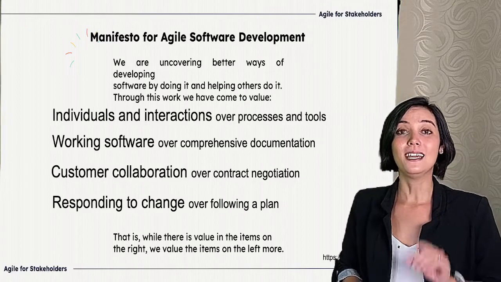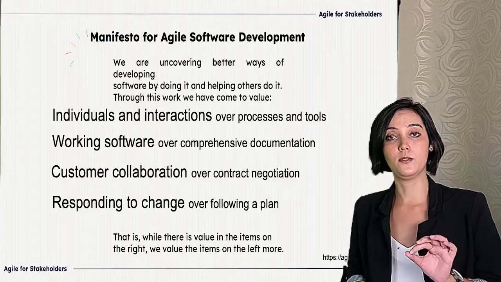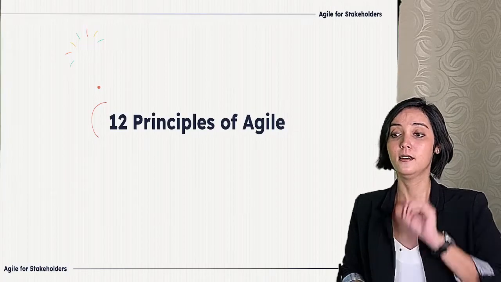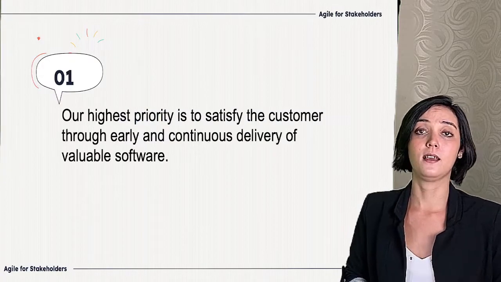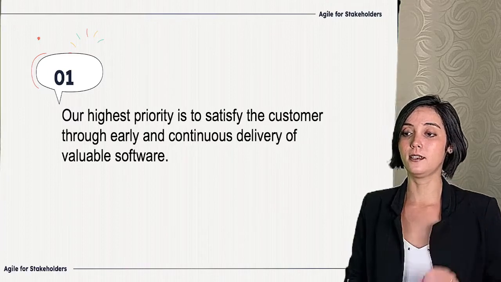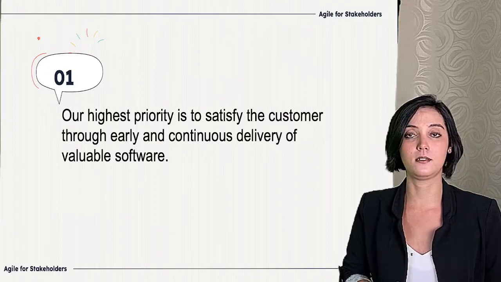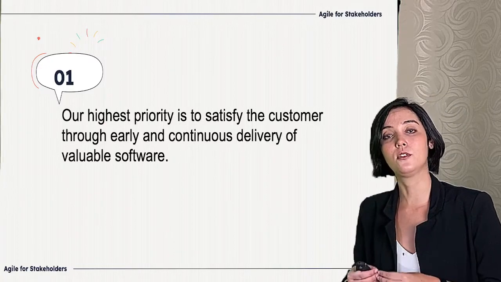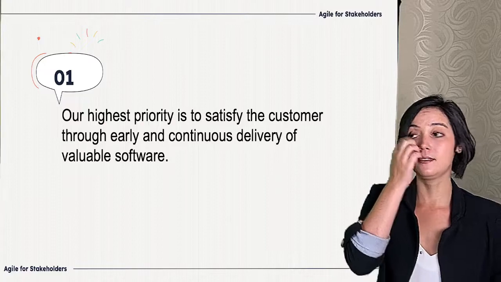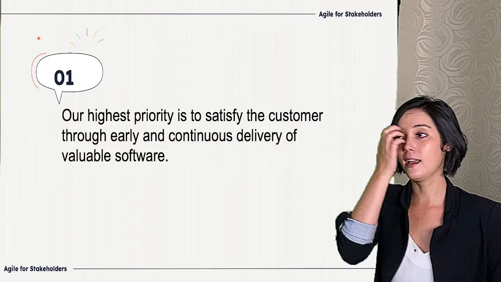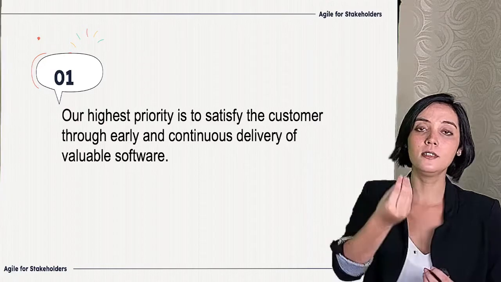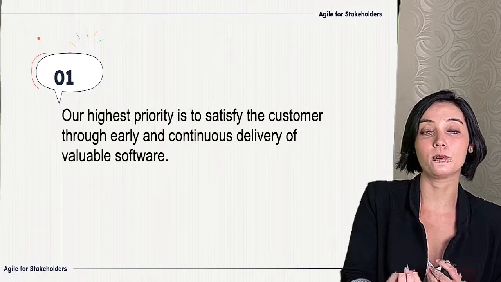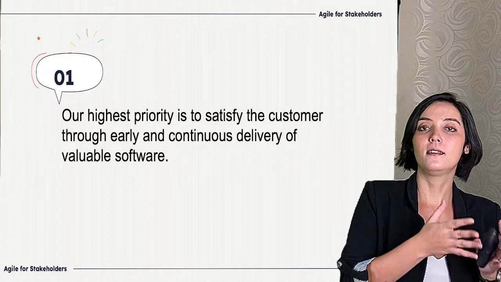This manifesto is based on 12 principles that are also available in the document. The first principle is: our highest priority is to satisfy the customer through early and continuous delivery of valuable software. So remember, instead of having a big bang release, we continually deliver valuable software increments to satisfy the customer.